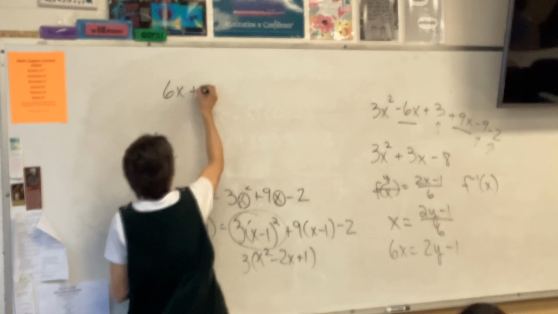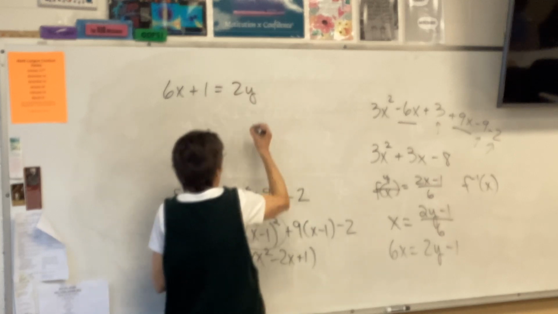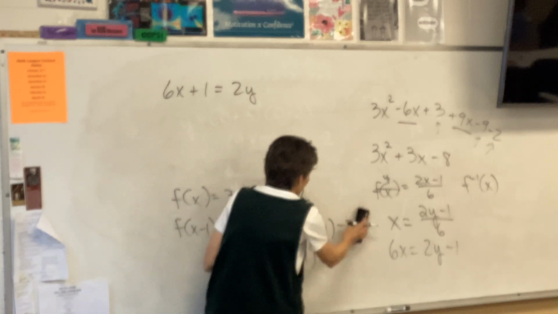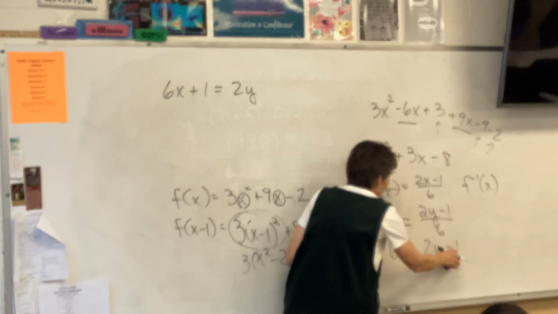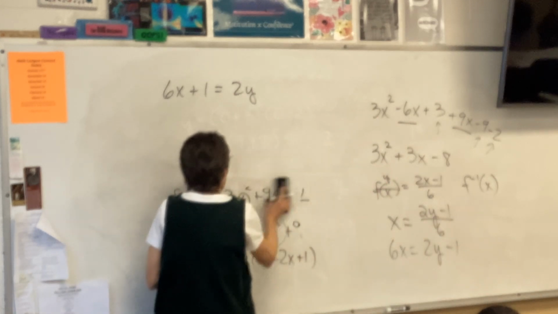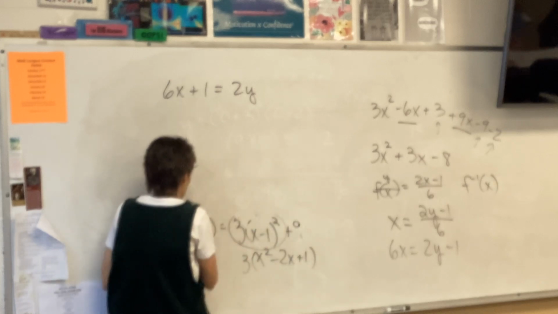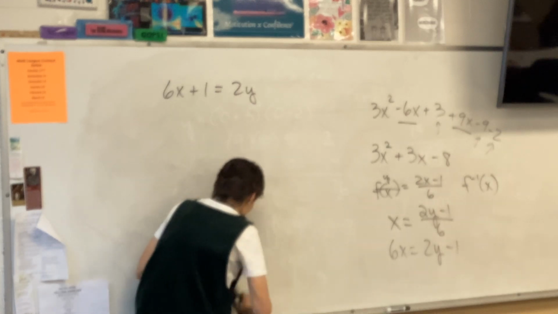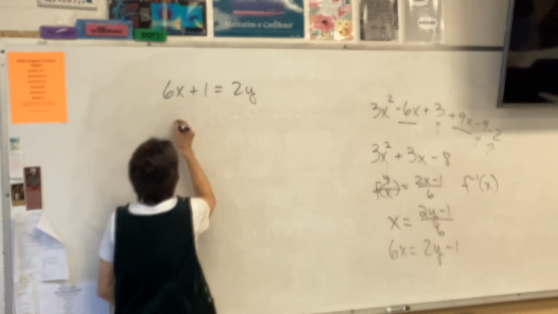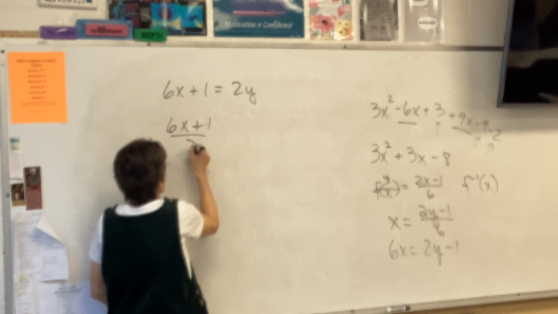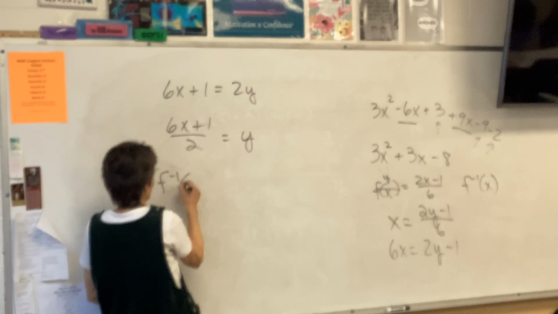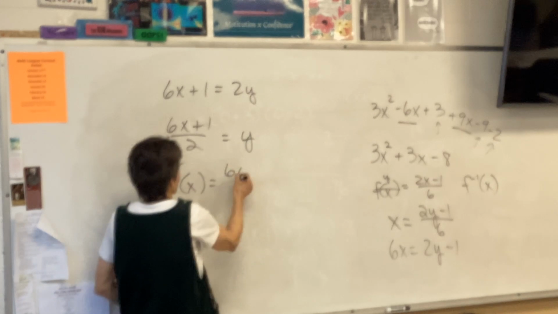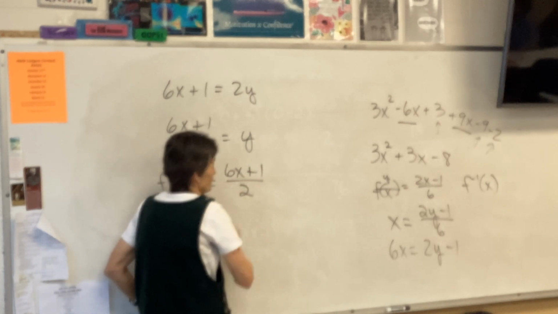So 6x plus 1 equals 2y. I'm getting y by itself. So I multiply by 6, add 1, and now I have to divide by 2. So my answer, if I use my inverse notation, is 6x plus 1 over 2.